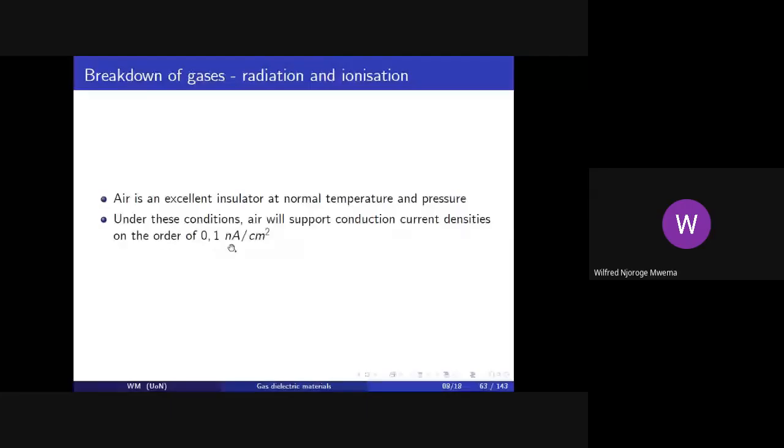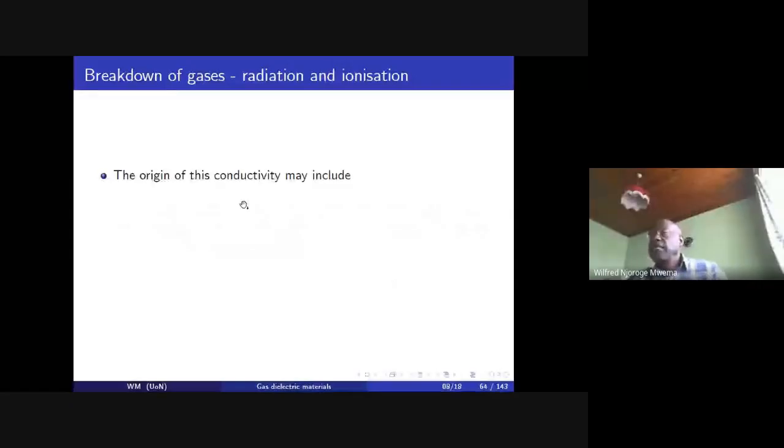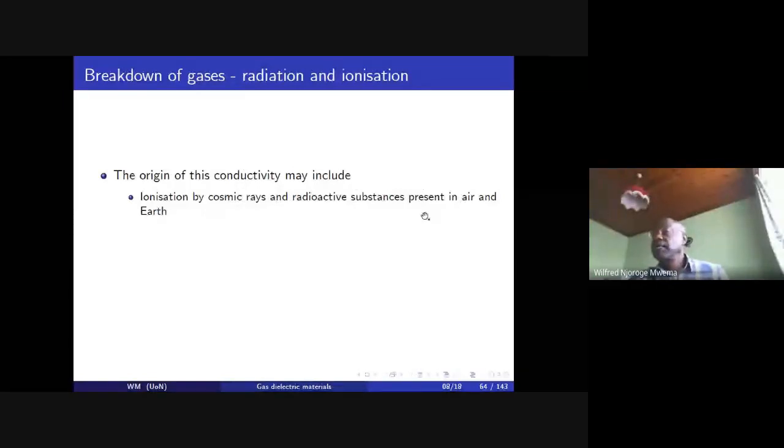So air is under this tune of 0.1 per centimeter square, and when we look at atmospheric radiation, it may include, one, ionization by cosmic rays, and remember cosmic rays are not as obvious, that will be present in air as well as in the earth, such as radon gas.